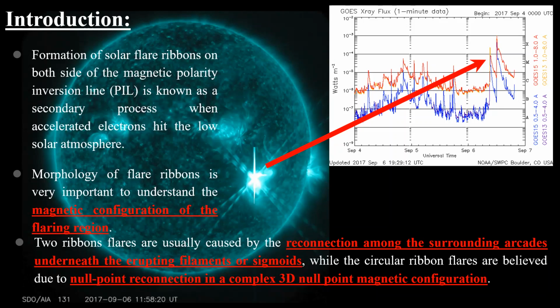Reconnection occurs higher in the corona, which is the outer layer of the sun, and the flare ribbons, which are the secondary process, occur in the chromospheric region, that is, the relatively lower atmosphere of the sun. So these are some introductory points about the solar flare. It is basically nothing but the release of magnetic energy from some localized region of the sun. The first stage is magnetic reconnection. The second is the formation of flare ribbons.